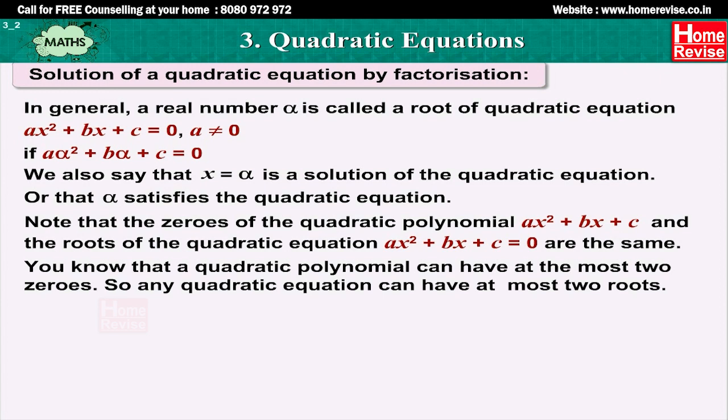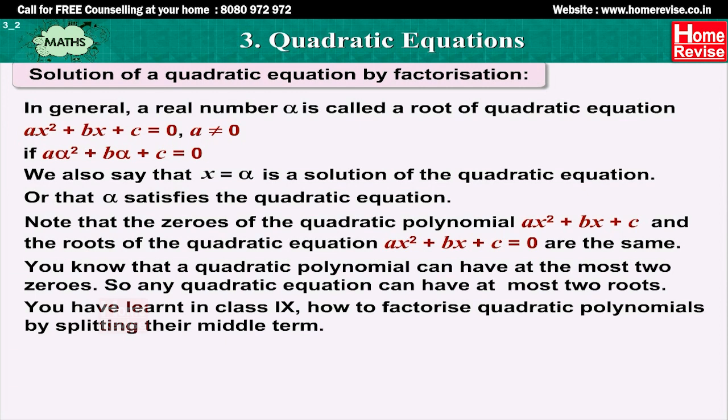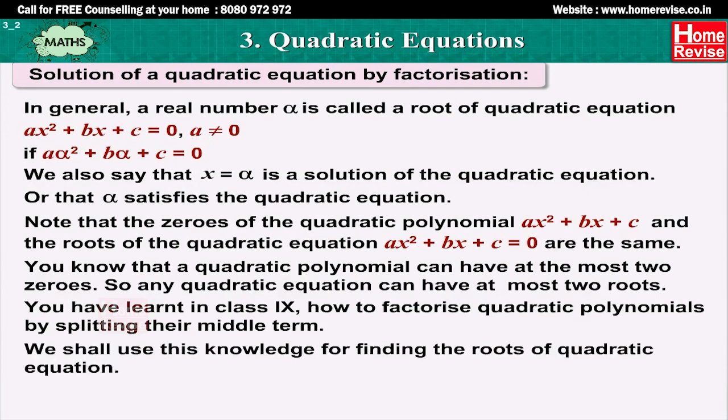So, any quadratic equation can have at the most two roots. You have learnt in class 9 how to factorize quadratic polynomials by splitting their middle term. We shall use this knowledge for finding the roots of quadratic equation.